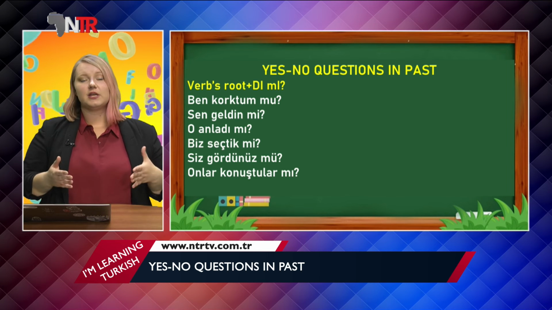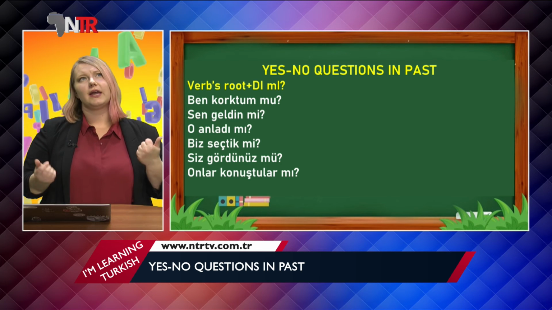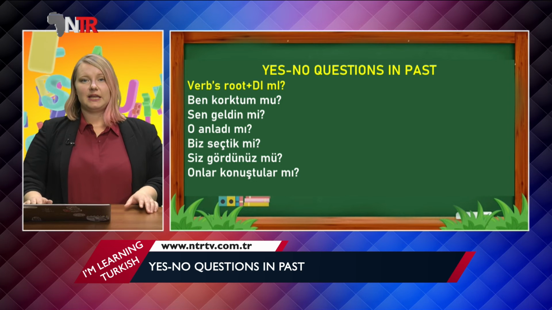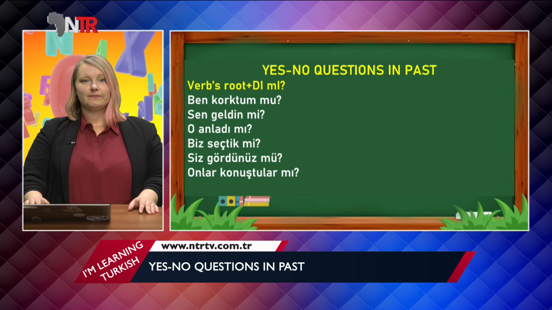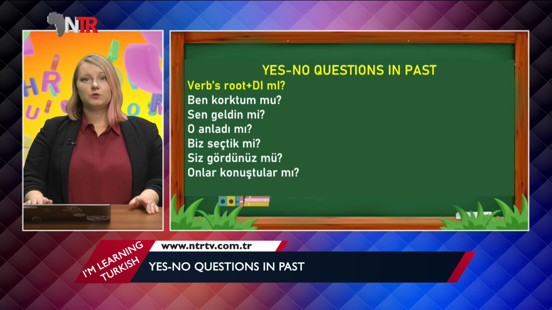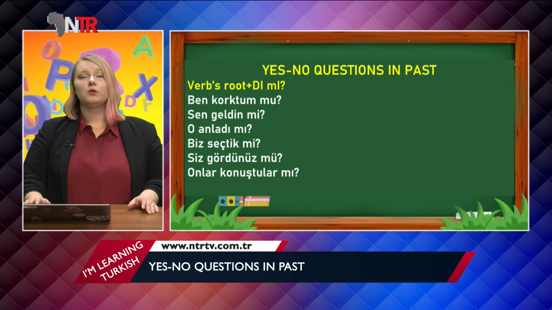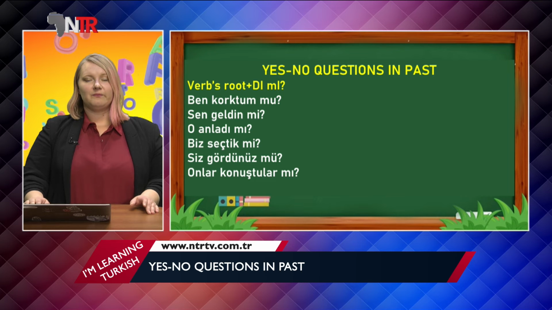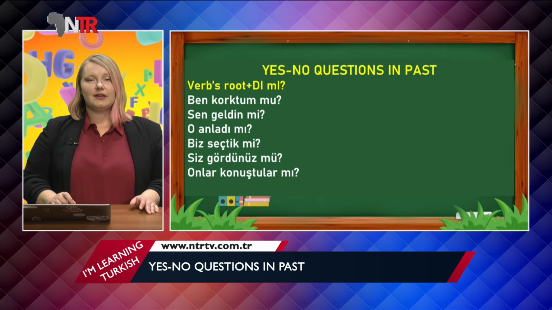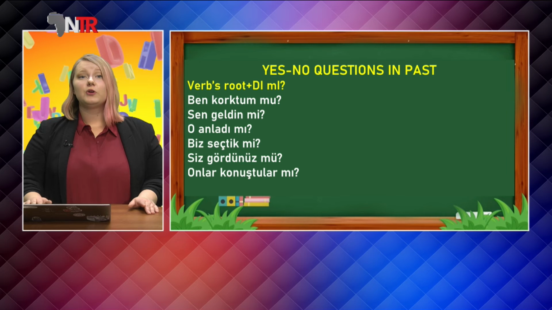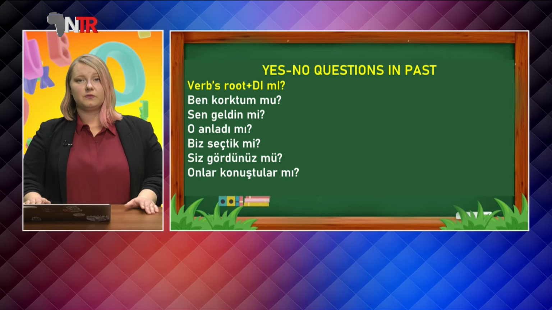After that, taking a mi, mu, and only after that placing our personal affix. So, ben korktum mu is much easier than ben korkuyor muyum to form. Enjoy this characteristic, and learn personal affixes of type 2.